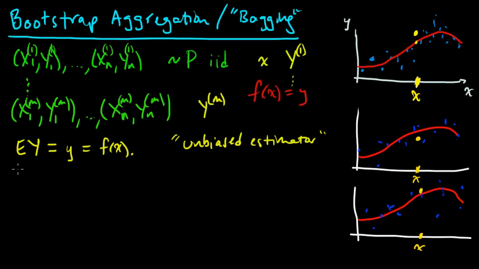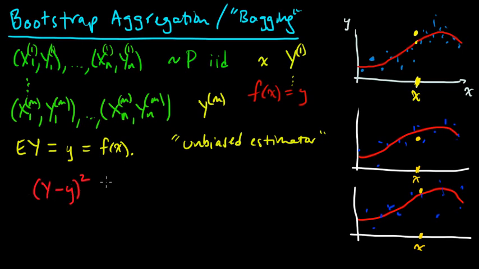So now let's think about if we were to measure our error according to how far we are from the true value, the squared distance from the true value. Suppose we measure it by this.